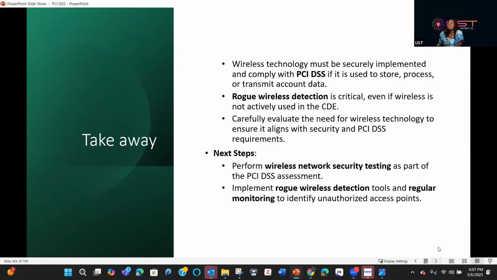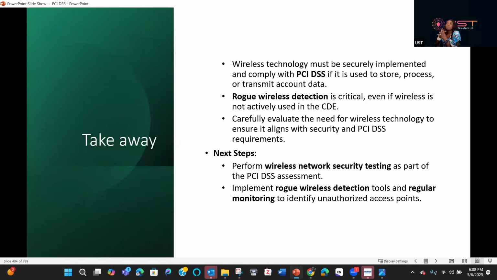These again are just best security measures to reduce the security risks. What's the takeaway? Wireless technology must be securely implemented and comply with PCI DSS if it's used to store, process, or transmit account data. Rogue wireless detection is critical, even if wireless is not actively used in the CDE. Carefully evaluate the need for wireless technology to ensure it aligns with security and PCI DSS requirements.